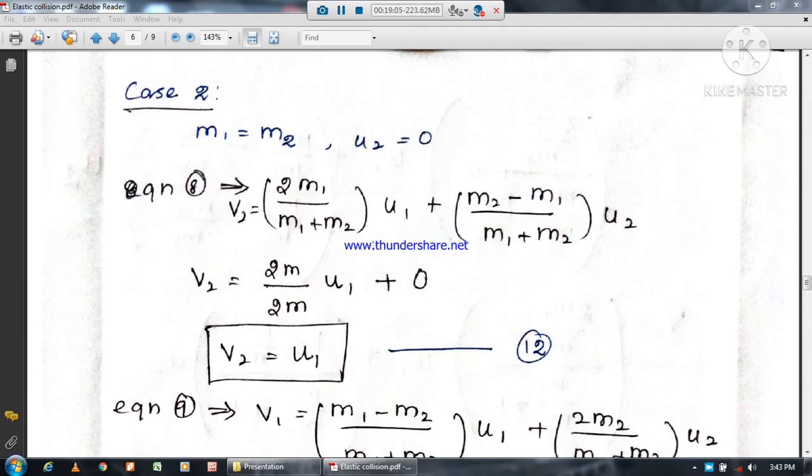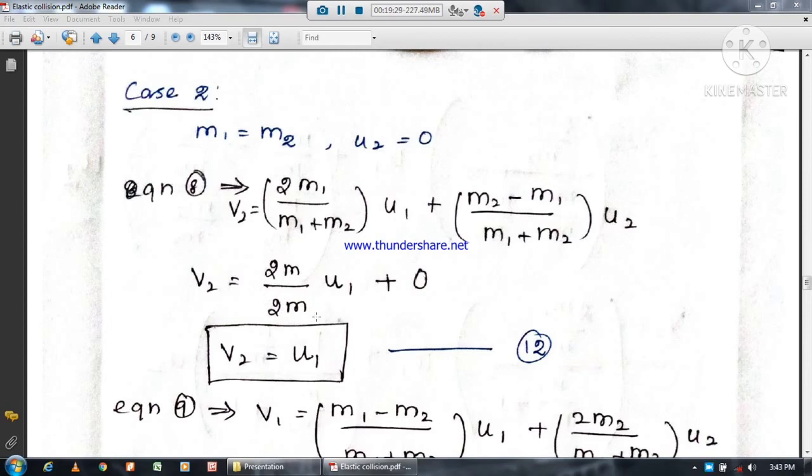Now we substitute this in equation number 8 and 9. We get, first equation number 8: v2 is equal to 2m1 divided by m1 plus m2 into u1 plus m2 minus m1 divided by m1 plus m2 into u2. You substitute this, m1 is equal to m2, which is equal to m, and u2 is equal to 0.